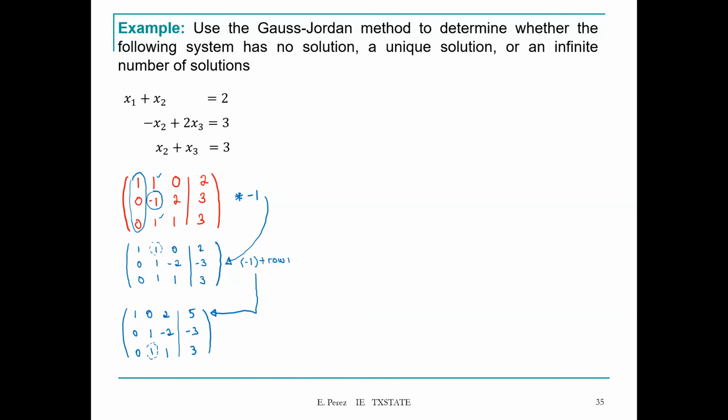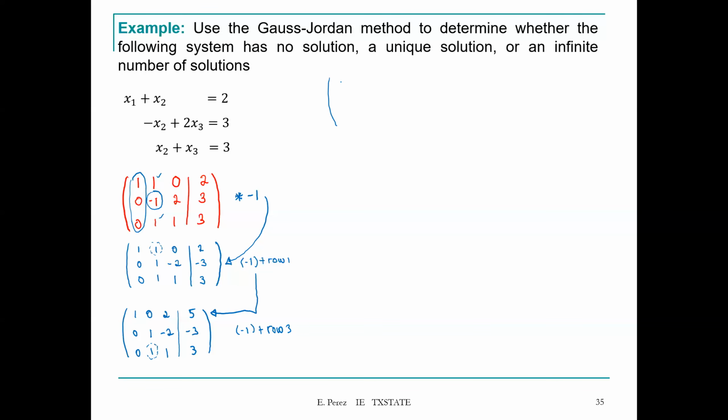To do that, I'm going to perform the same operation. I'm going to multiply this second row by -1 and then add that to row 3. So the resulting matrix is here.